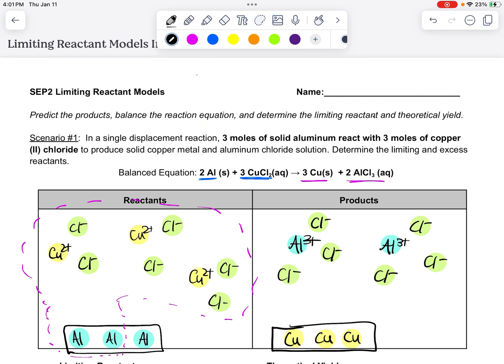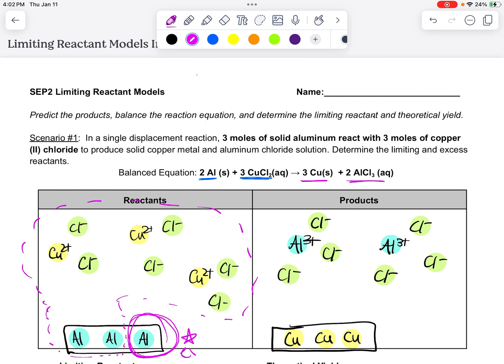Okay, so from, again, my 2 aluminums and my 3 copper chlorides, I'm able to make those products that we see in the box. Okay, now the last thing I have to remember is, well, what about this aluminum? It was not used up in the reaction. So I used up all my copper chloride, but I did not use all of my aluminum.